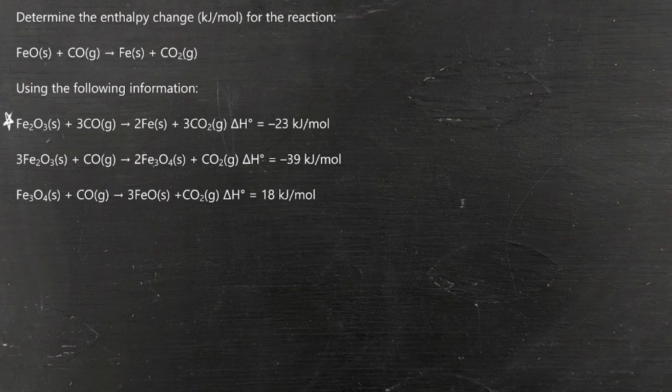So this is going to serve as our starting point. But I'm not going to do anything to the various coefficients out the front. Yes, this reaction as written generates 2 moles of elemental iron, and the reaction of interest only generates 1, but I see a lot of 2s and 3s, and I'm concerned that if I start dividing by 2 or dividing by 3, at some point I'll be asked to add a half to a third, and I'll make a mistake.